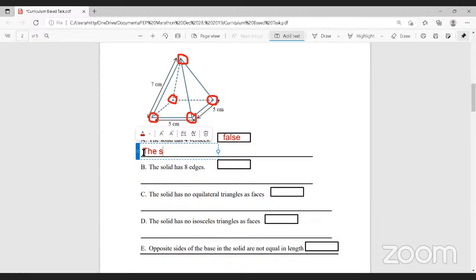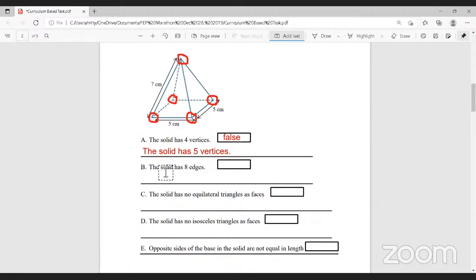So we're going to write the solid has 5 vertices because we just counted them. And that is the correct statement. All right, very good. Now we have to take note, guys. We have to make sure we're looking closely at the figure. So not because we're looking and say, oh, we're seeing 4 at the bottom here. Don't forget the 1 at the top.